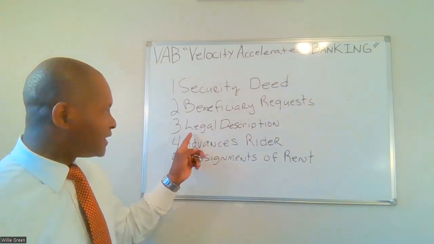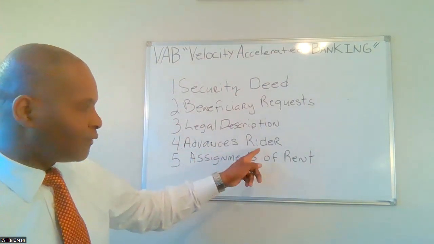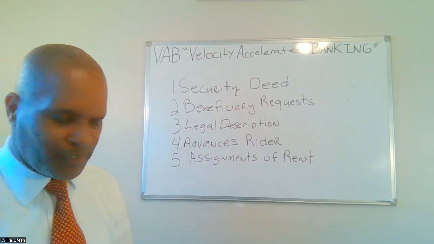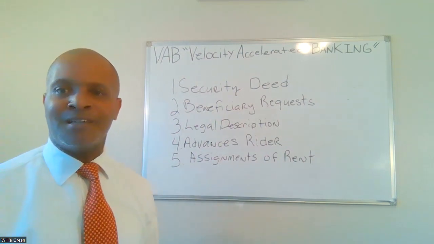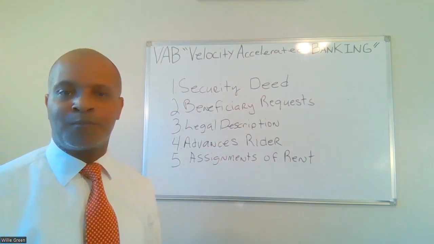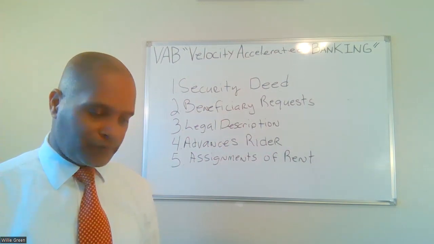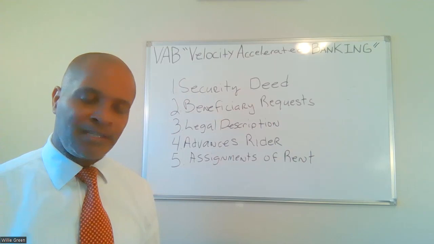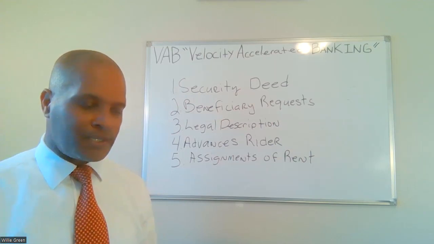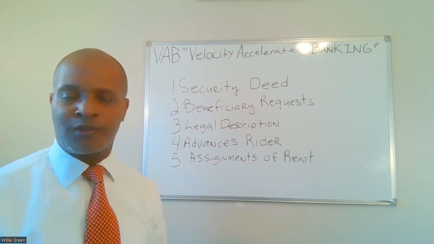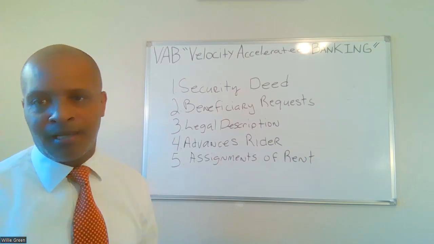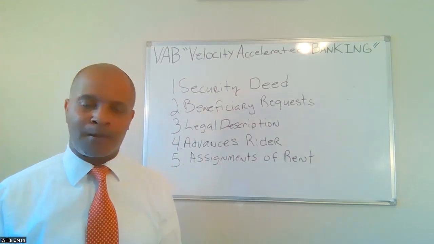The next section is the advances rider. The advances rider basically says that the HELOC company provided me advances to pay off my debt, and if something falls through with the deed, then they have some sort of recourse to come back and work with an attorney or do some arbitration.